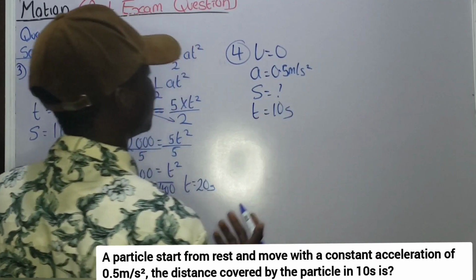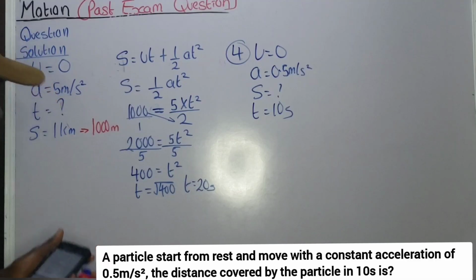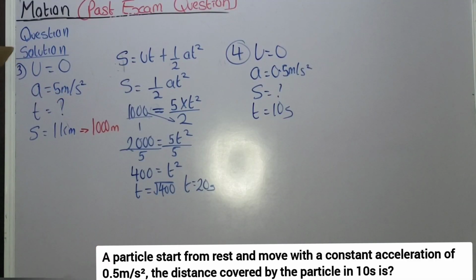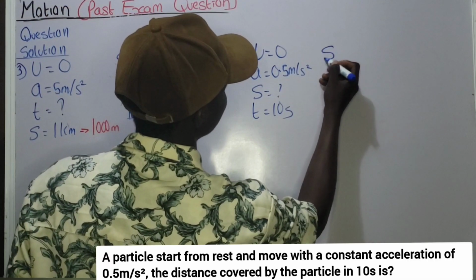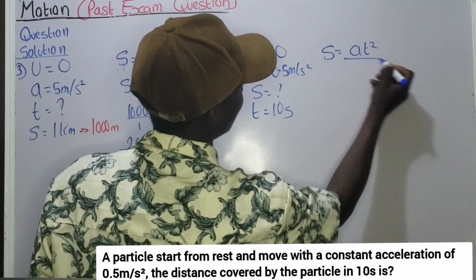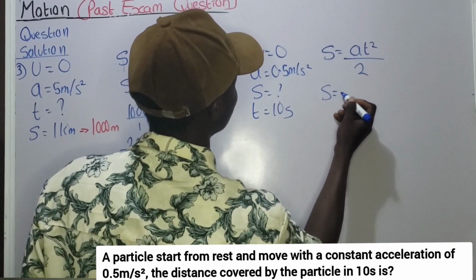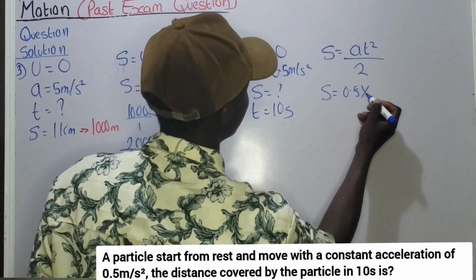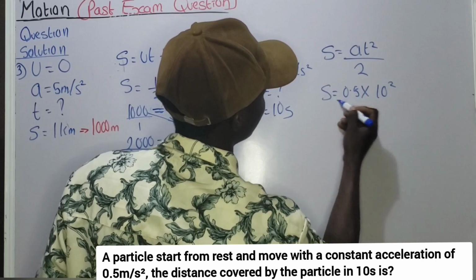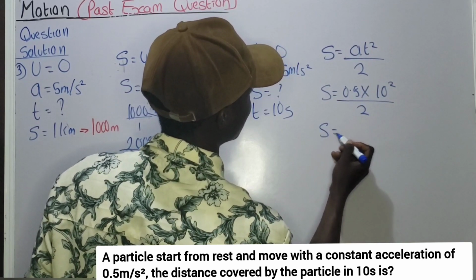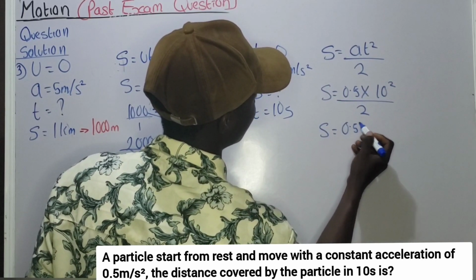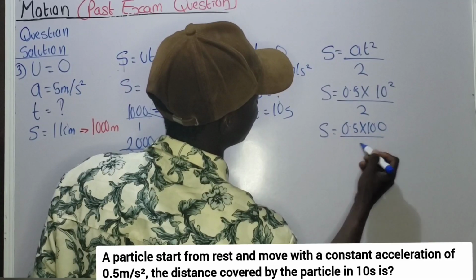So you can easily use the second equation of motion to determine the value of s. So s equals at squared all over 2. S equals 0.5 multiplied by t squared, which is 10 squared, all over 2. So s equals 0.5 multiplied by 100 divided by 2.